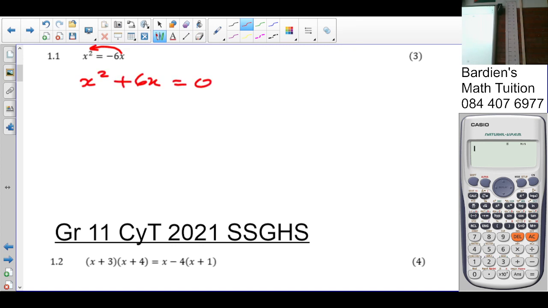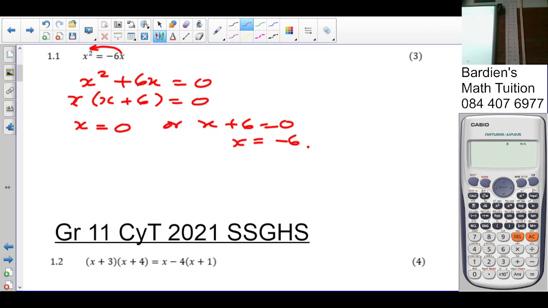We take out x as a common factor, leaving x plus 6 equals 0. By the zero factor rule, x is equal to 0 or x plus 6 is equal to 0, so x is equal to negative 6.